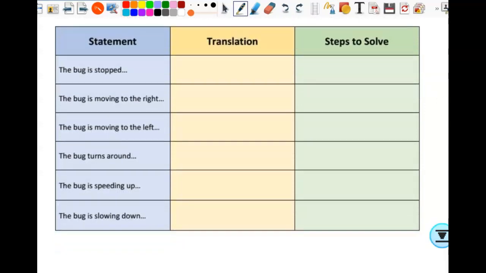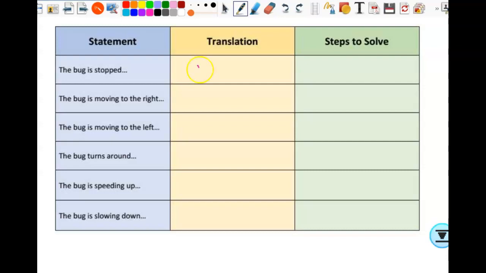Consider the following phrases. Okay, so we have: the bug is stopped. If the bug is at a dead stop, does that tell you anything about its position? Does it tell you anything about its speed? Yep, the speed is 0. If I'm stopped, I'm not going, there's no speed there.